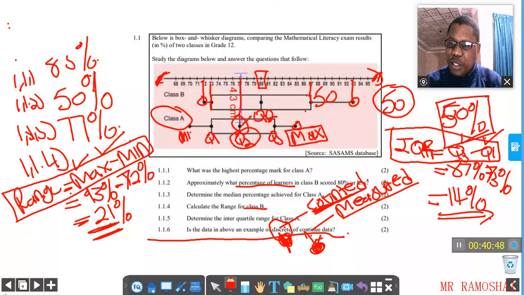No, you will be wrong. You must always give your marker no reason to mark you wrong. Just give them straight, simple things. The data represented is discrete because this data can be counted. Or you say this data is continuous because this data can be measured, and then you're done.